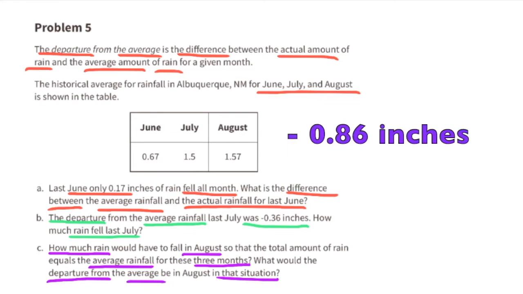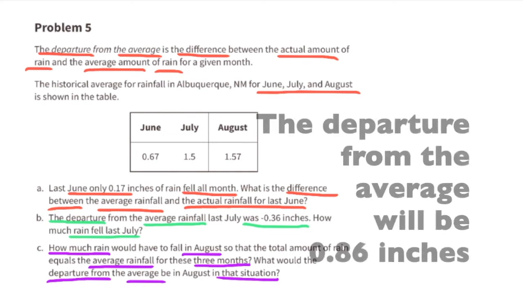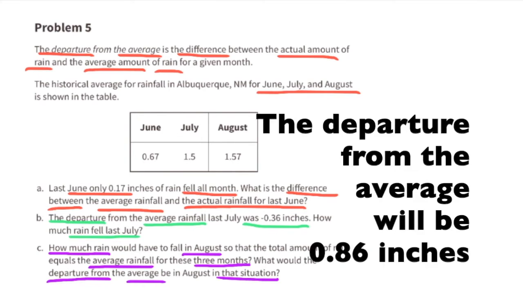For those 2 months, it was a total of negative 0.86. That means that it's going to have to rain 86 hundredths of an inch more than the average in August to equal the average rainfall for these 3 months. The departure from the average will be 86 hundredths inches.